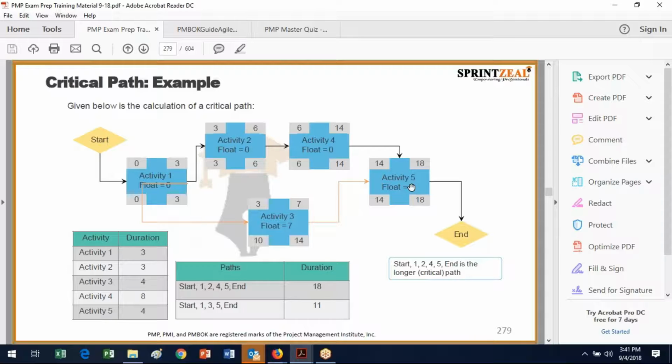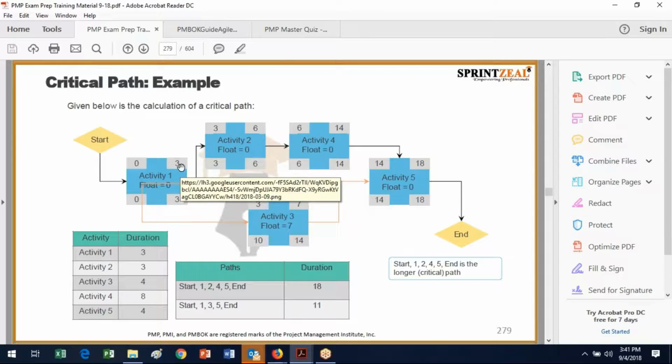So let's go to the critical path example and look at how this is calculated. Basically you start at time 0, and activity 1 has a duration of 3, which is not adequately notated, but say it's 3 because you're going to finish on day 3. So this is the early start, that's the early finish.